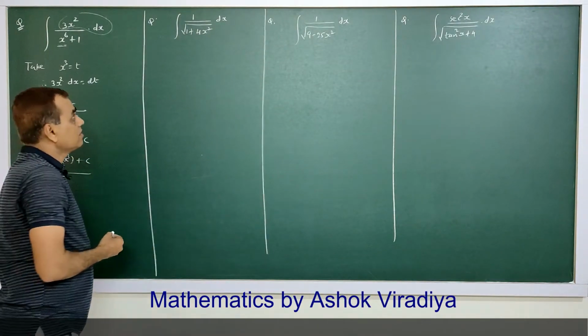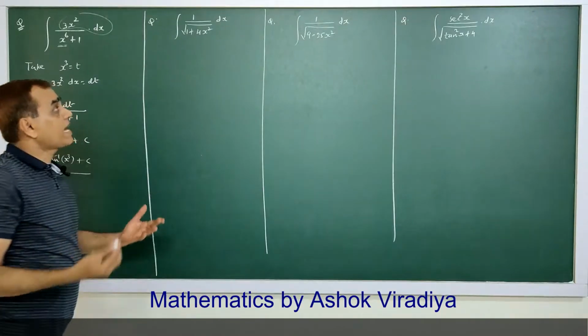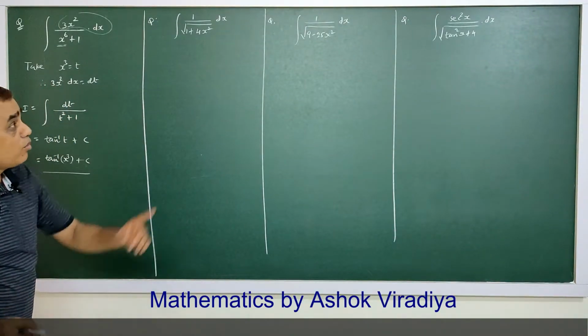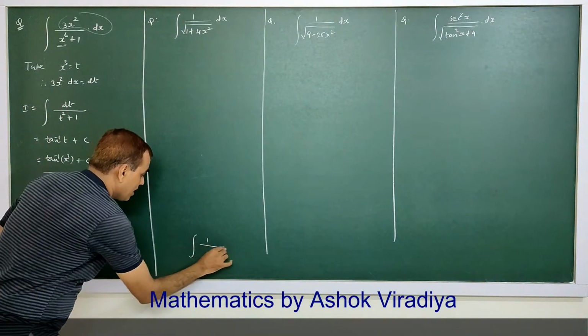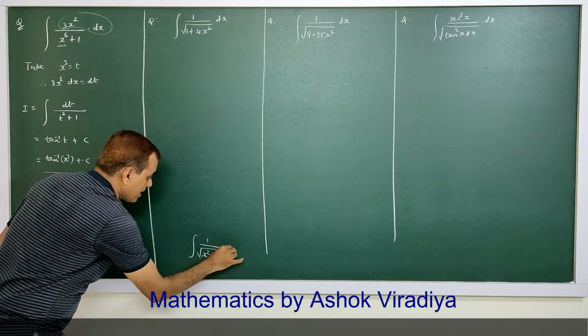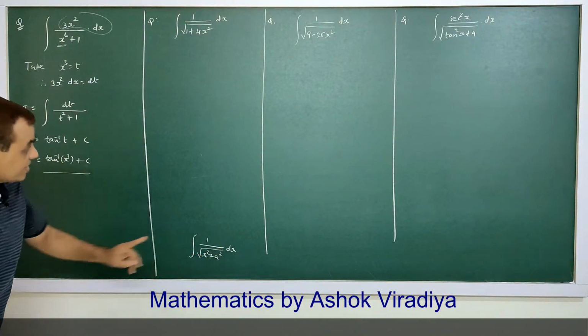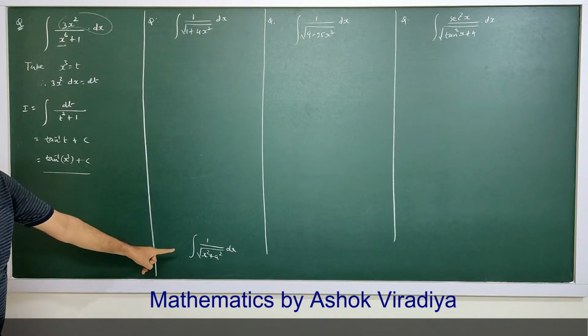Now here, 1 upon root 1 plus 4x square. In the list of formulas, we have 1 upon root x square plus a square. We have a formula for this result, so this can be converted into this form.